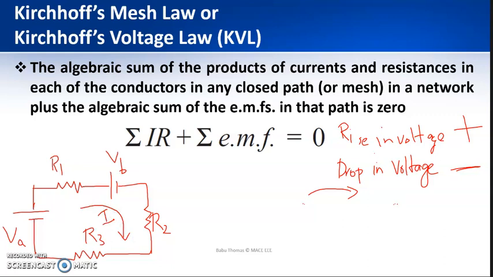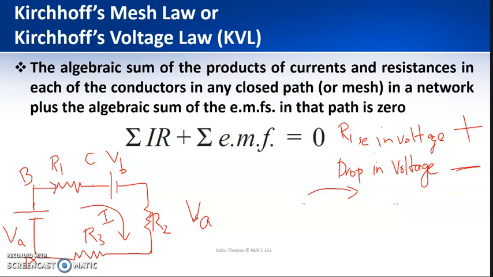Now, I am moving from this particular point A to point B. So it is from a negative potential to a positive potential of the battery. So it is a rise in potential, so I will mark it as VA. Now I have come across the points B and C. We have a resistance, and I am moving in the same direction of the current which I already have.